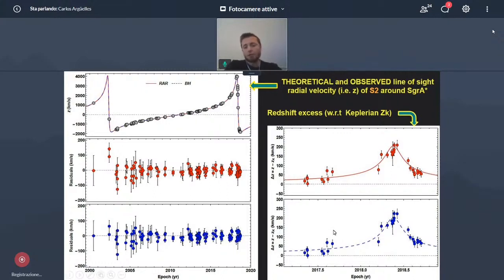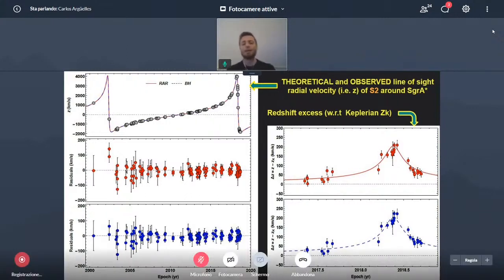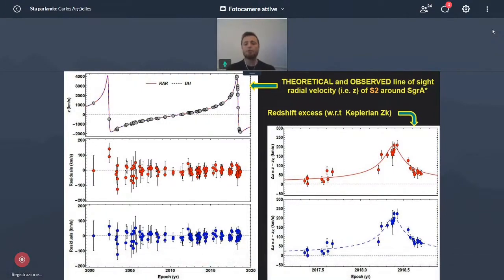And here to the right, I also wanted to add this nice plot. In the bottom, you can see in blue the black hole, the redshift excess, right? Here in the dashed gray, you see that there is no excess due to just Keplerian motion of the star, right?